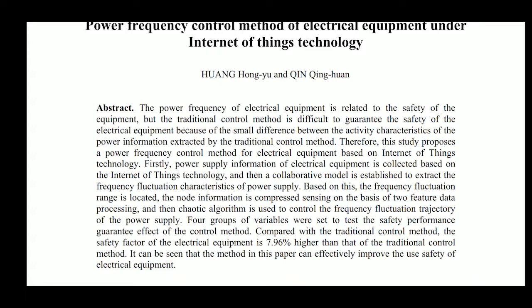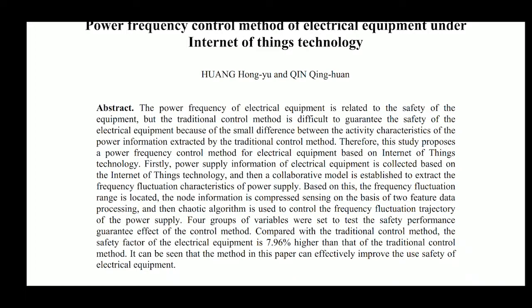Firstly, power supply information of electrical equipment is collected based on the Internet of Things technology, and then a collaborative model is established to extract the frequency fluctuation characteristics of the power supply. Based on this, the frequency fluctuation range is located.